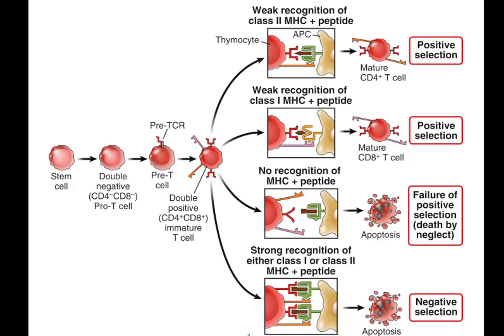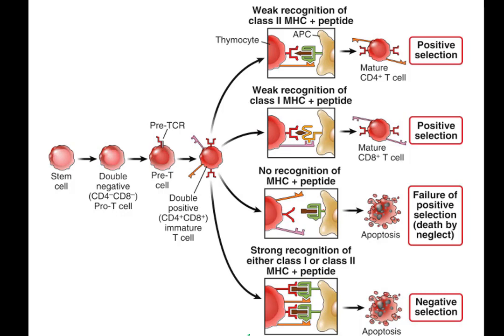And that's when real positive selection occurs, because now we have functional receptors, but now both receptors must be tested on MHC. If they can't bind to your MHC alleles in your body, we will throw it away, because the only way that we can activate a T cell is through MHC molecules. If they don't recognize your MHC molecules, they are useless to you, and we will delete them.